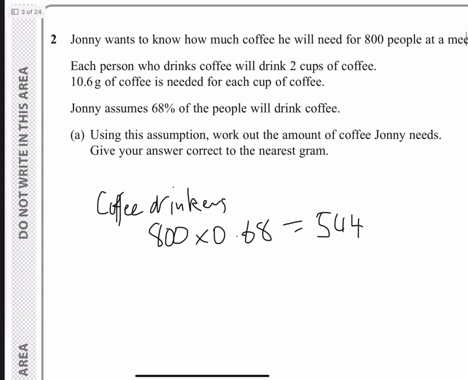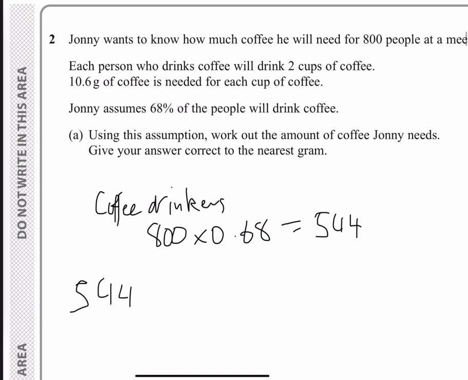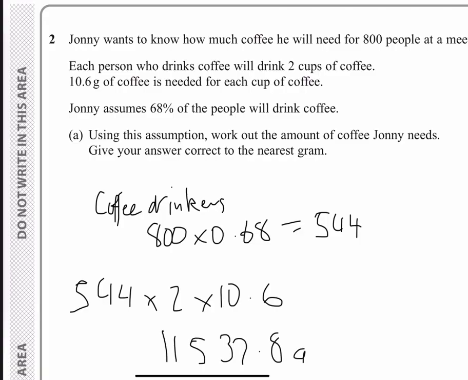And each person drinks 2 cups of coffee, apparently. And you need 10.6 grams per cup of coffee. So how much coffee does Johnny need? Times 2 times 10.6. That would give me 11532.8 grams.